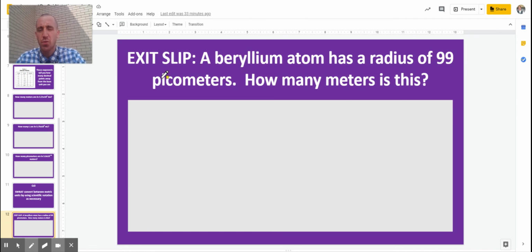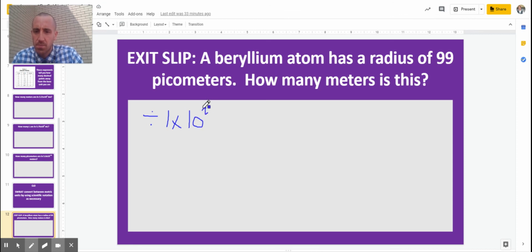All right, now we're sort of doing the reverse of the last question. We're going from a very, very small unit like picometers into a bigger unit of meters. So when you go from a small unit to a big unit, you have to divide. So we're going to divide, and the factor is 1 times 10 to the 12th.